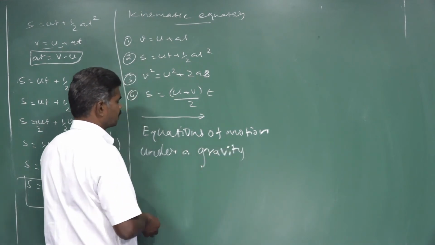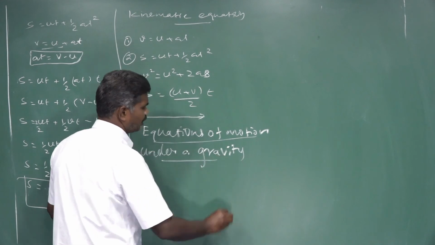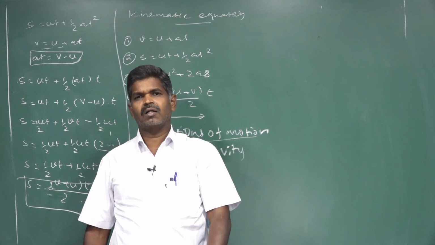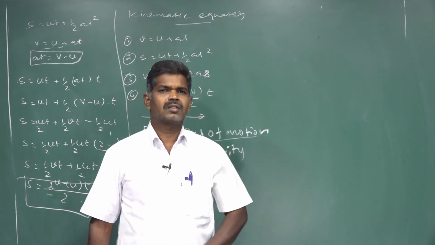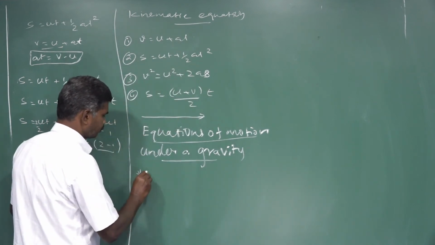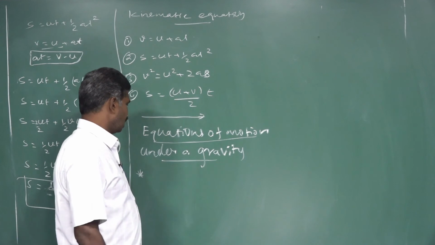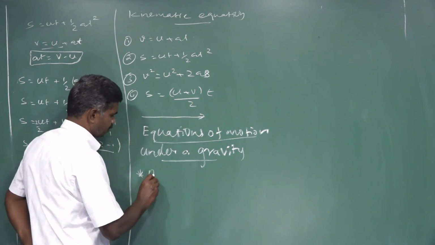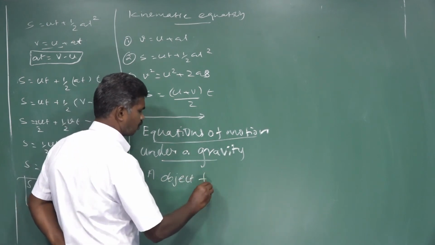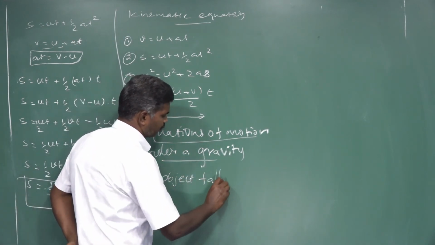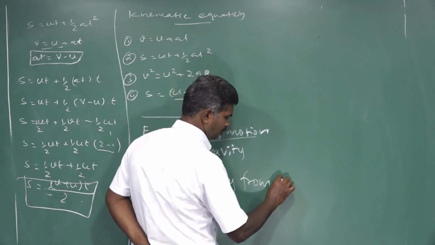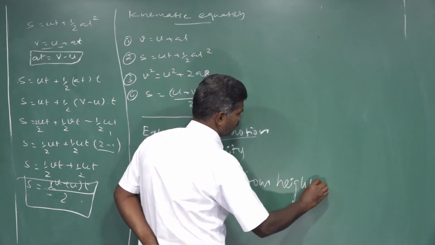Equations of motion under gravity. Under gravity, a particle can move in a downward or upward direction, but along a particular line. There we have 2 ideas. An object falling from a certain height h.